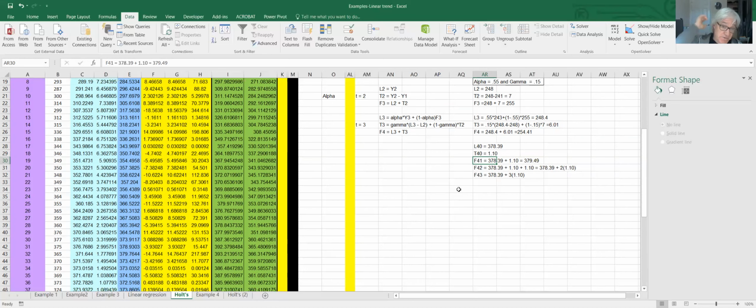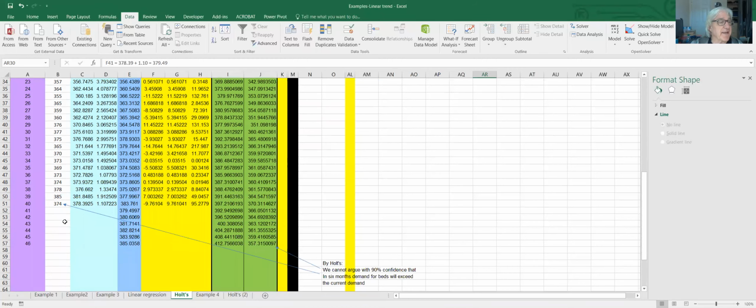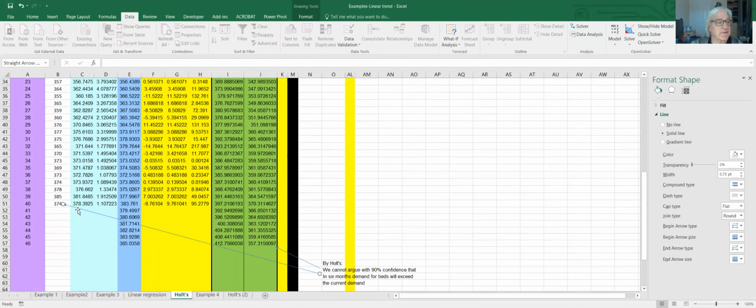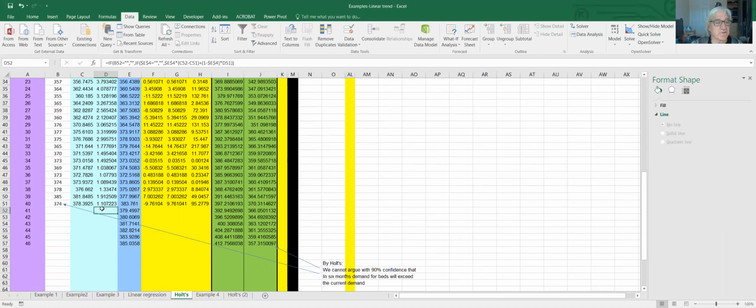I can't use the procedure from before because I don't have L of 41. I don't have T of 41. For this, I have to have the Y here, but that's the whole point. The Y is not known. So you use the best information that you have, which are these two estimates.